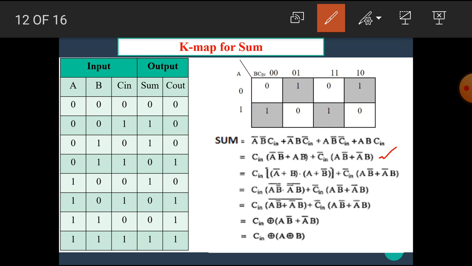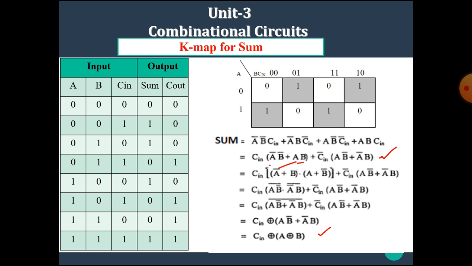We know that A bar B bar plus AB is also written as A XNOR B, and after simplification of this we get C in XOR with A XOR with B. I hope you all understand the simplification here.